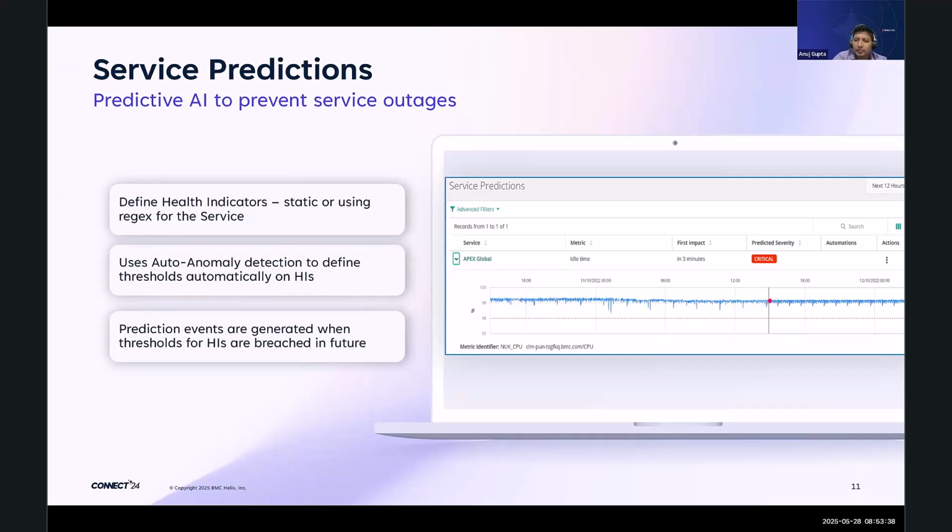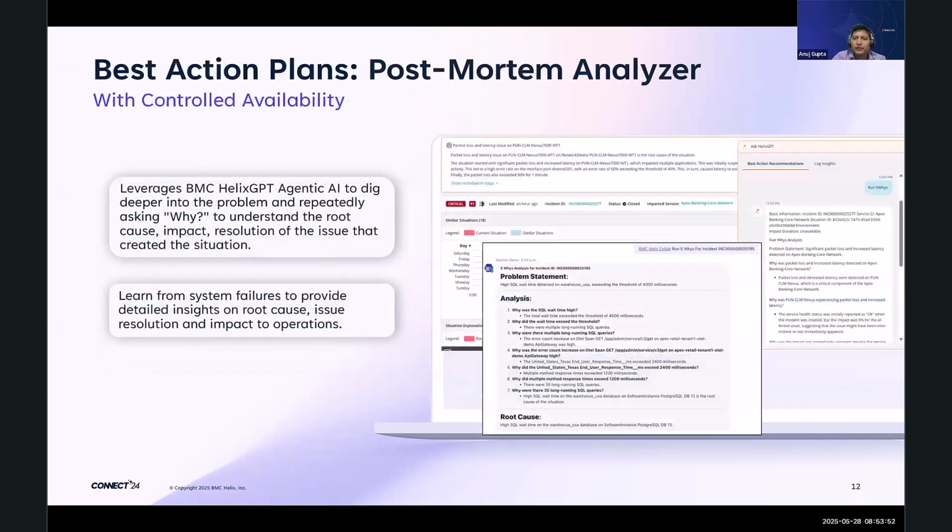But that piece is still work in progress. But the process of defining the thresholds, the process of defining these health indicators, they have been enhanced with our current 25.2 release. Okay.